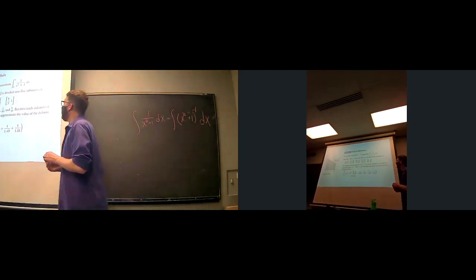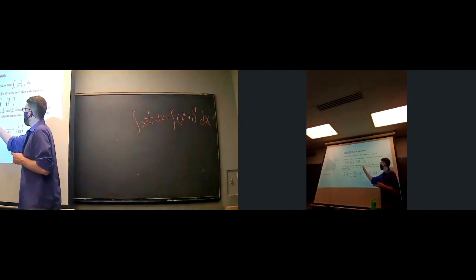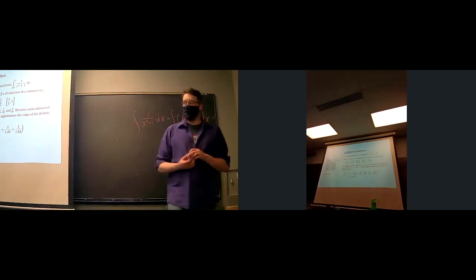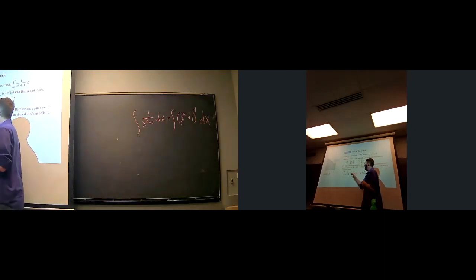From there, we're going to evaluate our function at that middle value. Each of these would be 1 over 10, 3 over 10, so forth and so on. Evaluate your function at those middle points, add all of that up, and then multiply by your dx, 1 over 5.